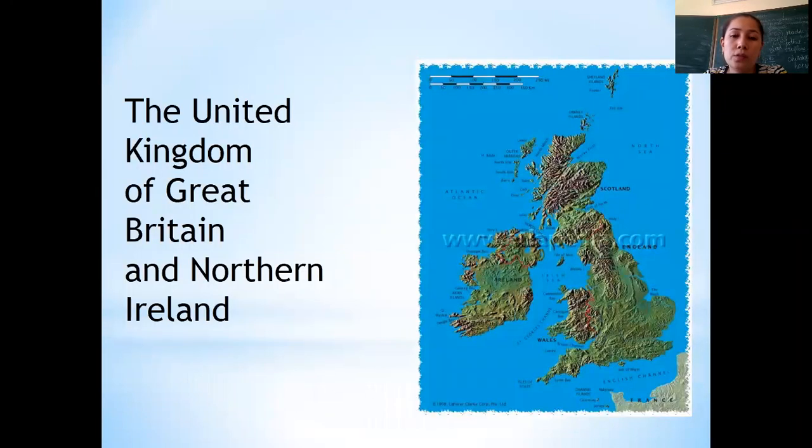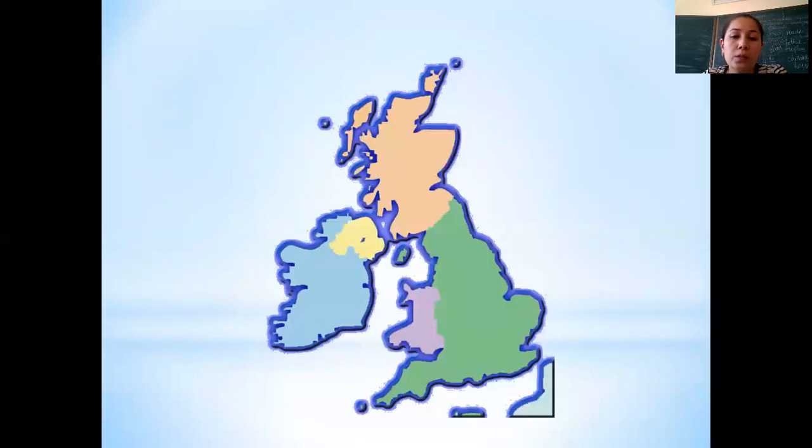So here, dear students, you can see the map of the UK. In this slide, we can see each part of the UK with different colors. For example, England, the greenish part of the map, is called the England part of the UK.